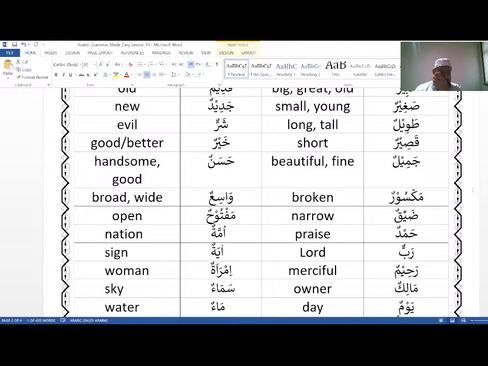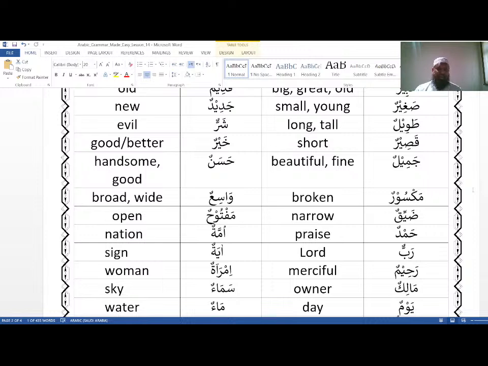So here we are talking about as-sama', but munfatirun means will break into pieces, shatter. Why is that? So again, in Arabic, some of the words are sometimes mudhakkar, sometimes muannas. But this is not the ism, one of them. I'll explain a bit more.